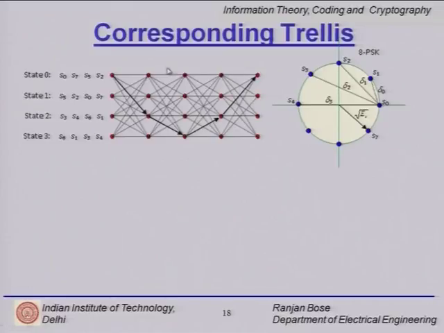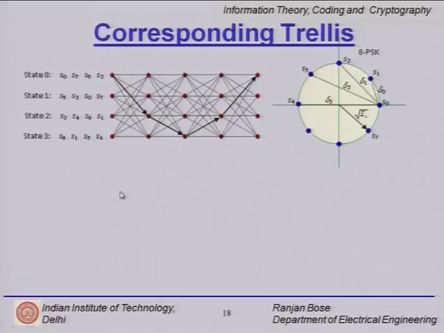So, here is the corresponding trellis for the TCM scheme. Now, please note that instead of labeling each branch, which becomes a little confusing, we write the symbols here. So, S0 corresponds to the first branch label, S7 corresponds to the second branch, S5 third and S2 fourth.